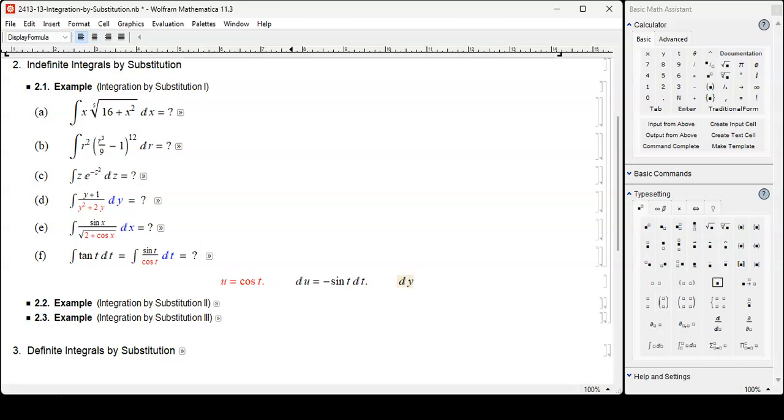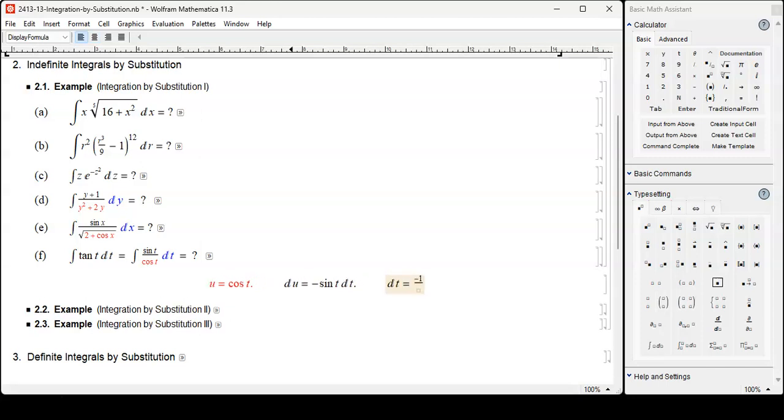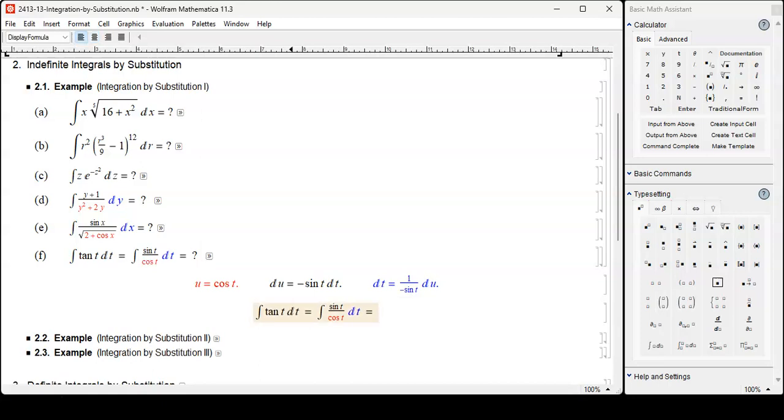So dt is negative 1 over negative sine of t du. Okay, all right. Put everything into this integral. And then this thing becomes what? The denominator, cosine of t, is just u, and dt is this quantity here.